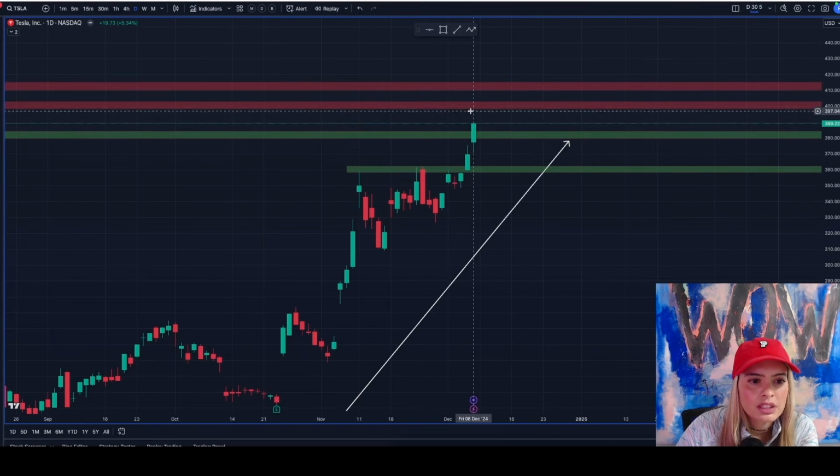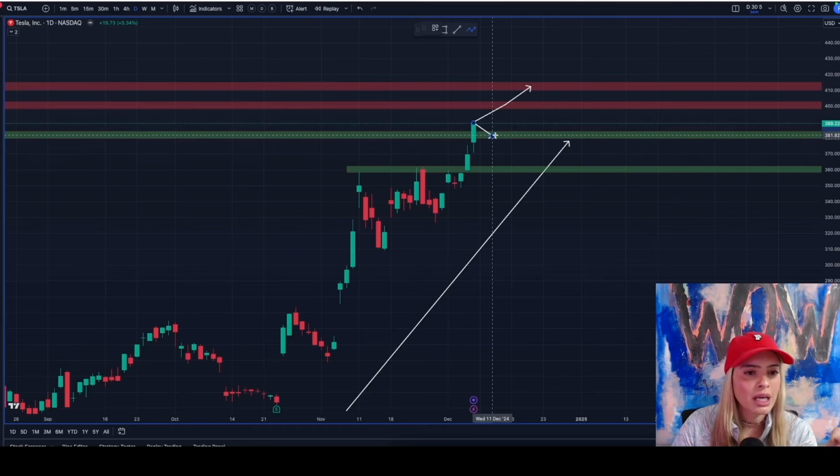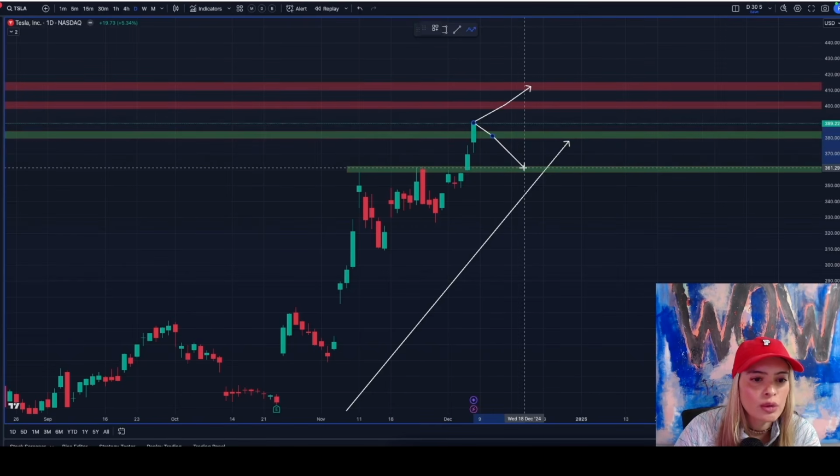Okay, so Tesla definitely has very strong, very bullish price action. I will say it either breaks this high here and keeps going to this level, or it can give us a pullback to this level here. I will say the best pullback to enter Tesla now will be this one here, because that was previous strong resistance and then acted as support.